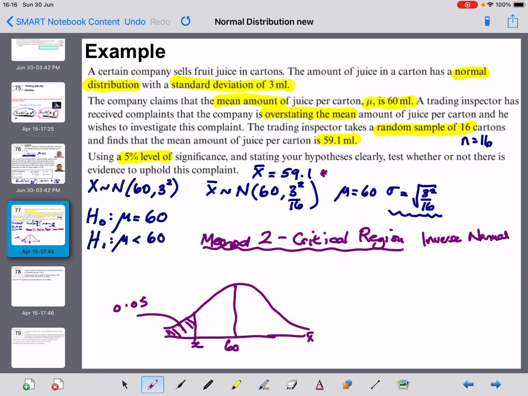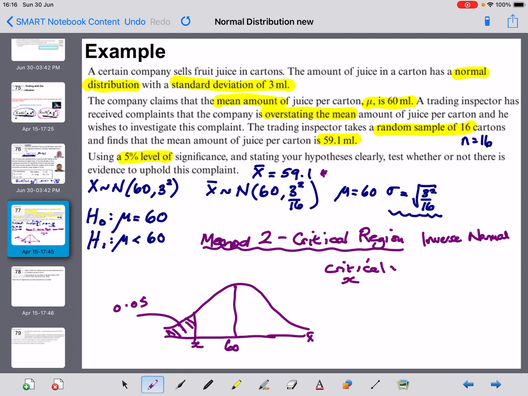So what would the mean have to be such that there's a 5% chance of getting that or less? So if we use our inverse normal now, because we have an area, so that 0.05 is the area, we end up with x, which is our critical value.